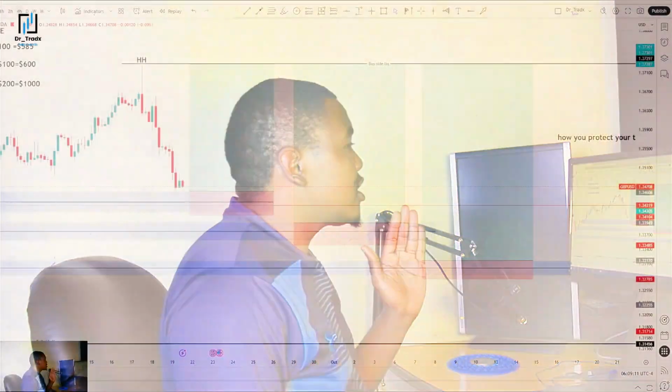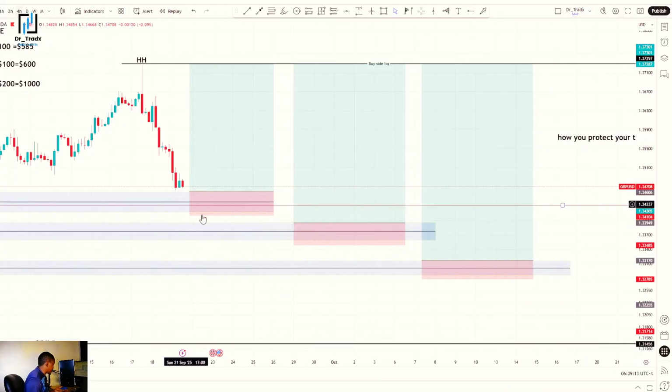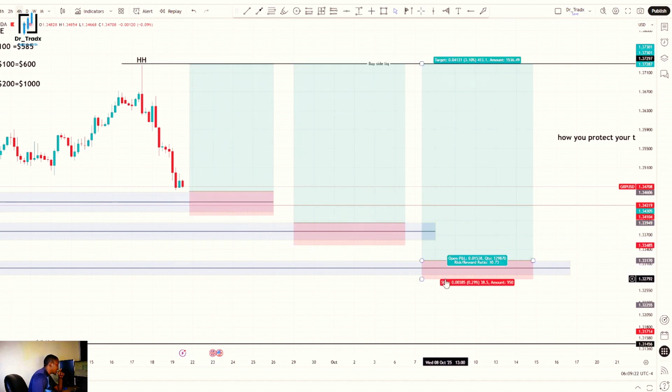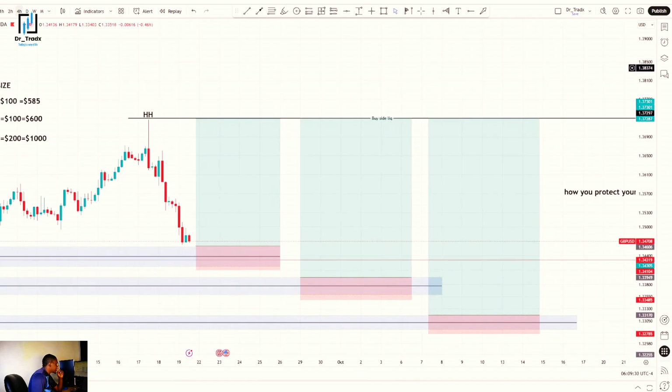Now the moment you see you have such a setup, and this is your stop loss, around here, and this is your stop loss around here, and this is your stop loss around here, this is what you do. Assuming you want to risk around $100, this is the amount you want to risk, only $100.